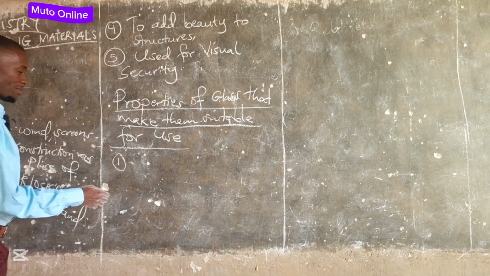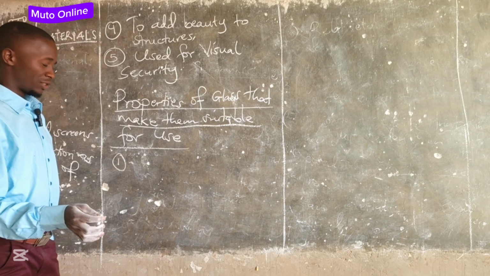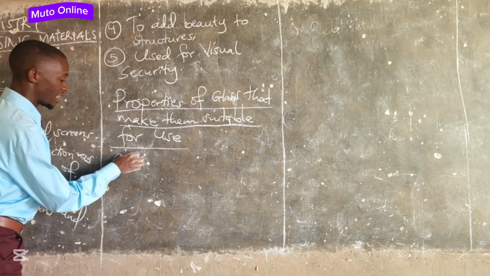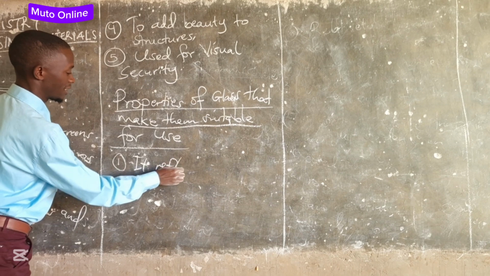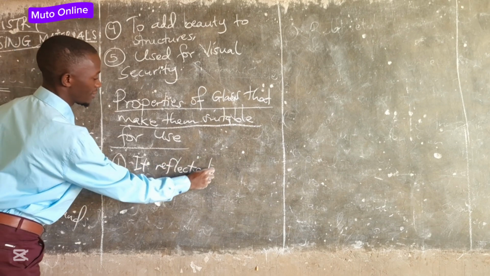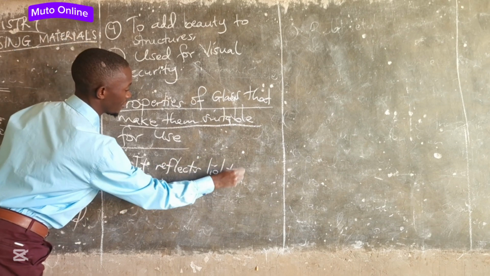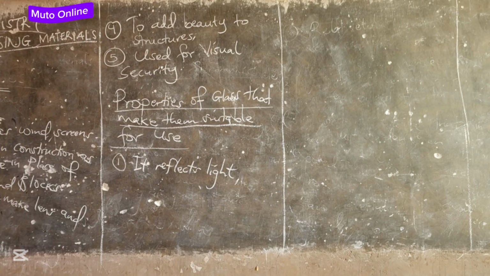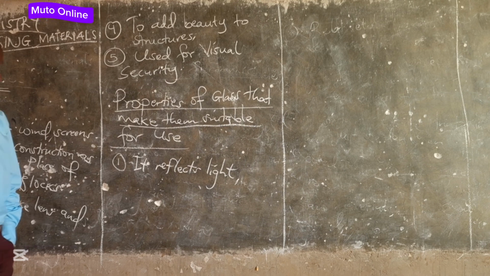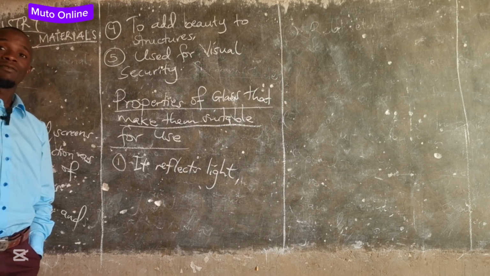One of the properties that make glass a suitable material for use: it reflects light. Reflecting light makes glass a suitable material for use where vision is needed.